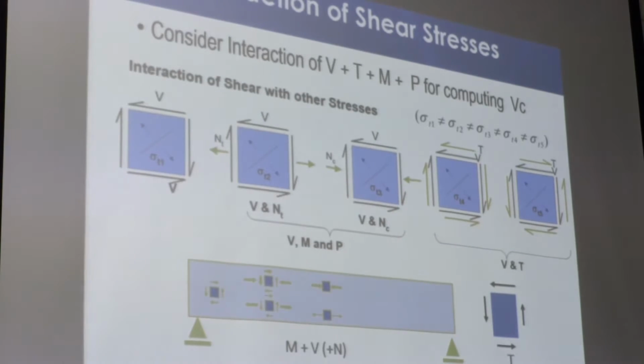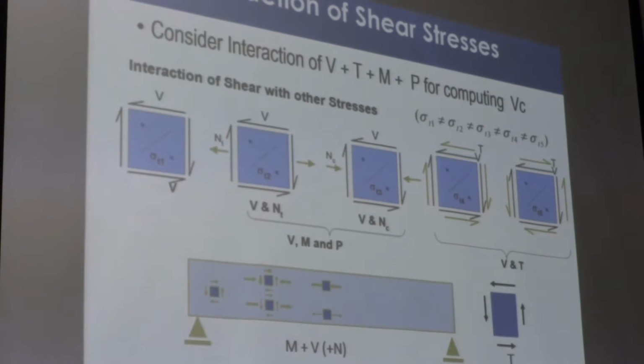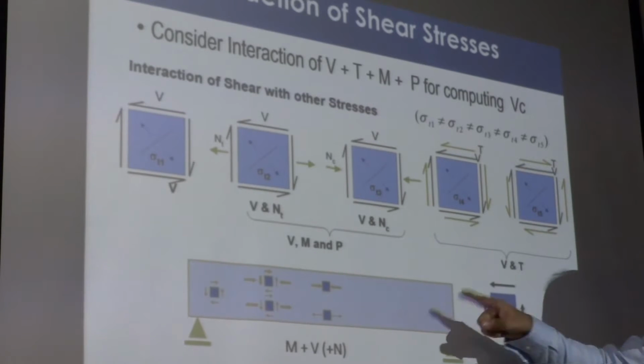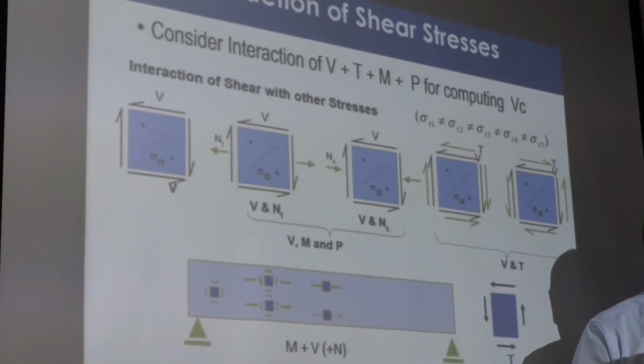That means that equation that we developed under root Fc prime, simple one, cannot be applicable everywhere because the tension is not constant. That equation was developed for pure shear, not developed for any other equation. And on top of that, add torsion now.